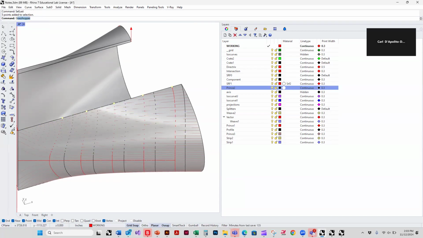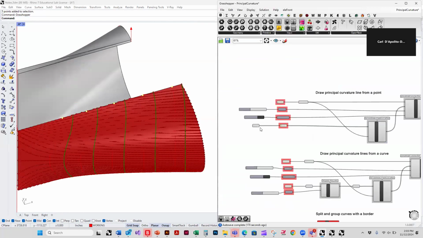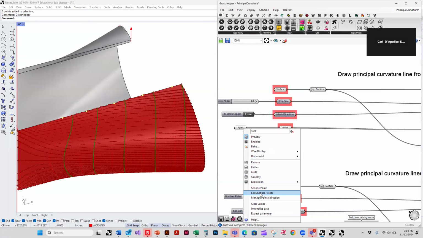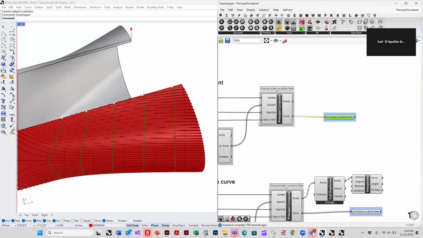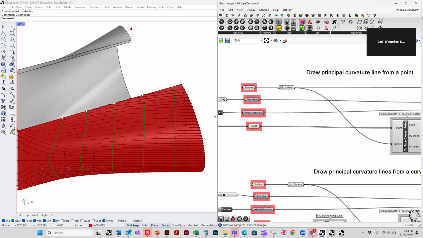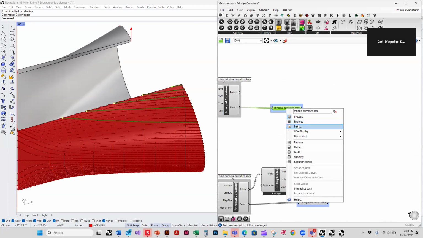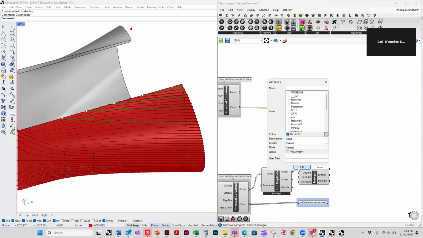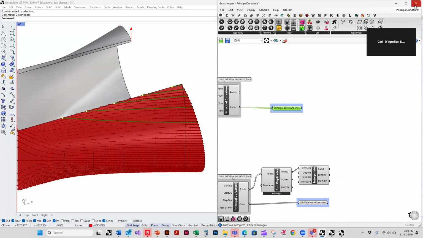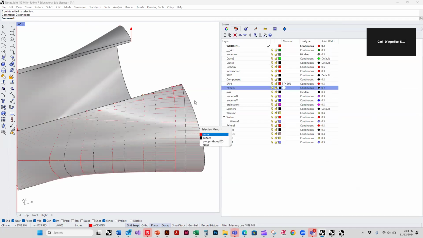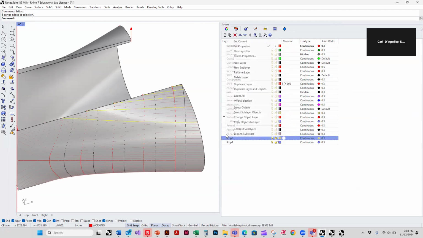I can take those points, put those in here. And then that gives me some additional curves that I need to add. So I can go over there, take those. And then once I have all of those, I can take those, add them to this list.